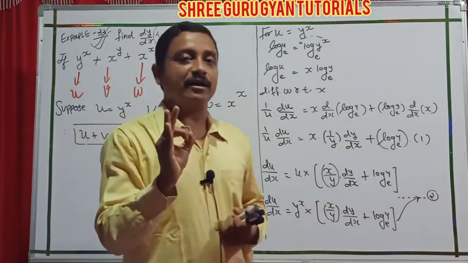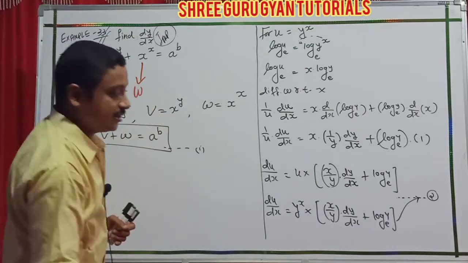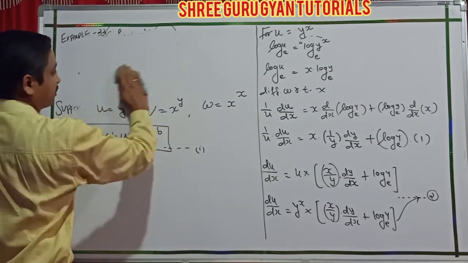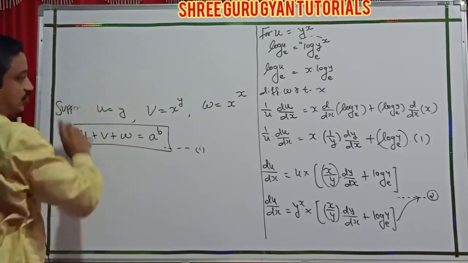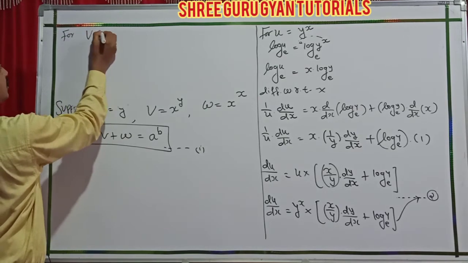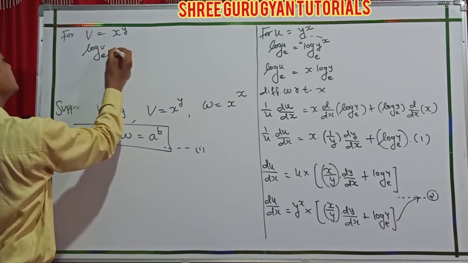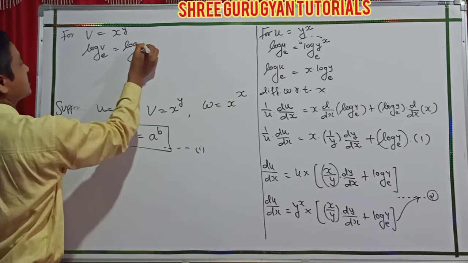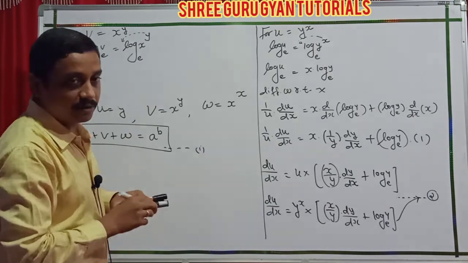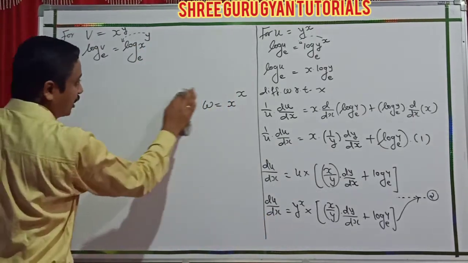Now I start the second case, after u now v. Yes, what is v? v is our x raised to y. So for v equal to x raised to y, apply the same, log to the base e: log of x raised to y to the base e, take this y to the right side, applying our logarithm property.